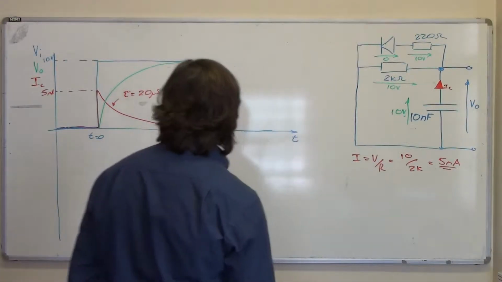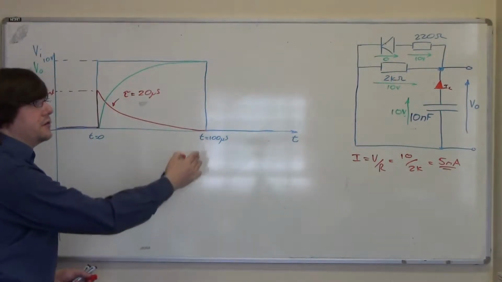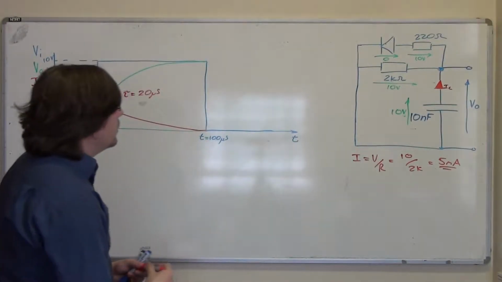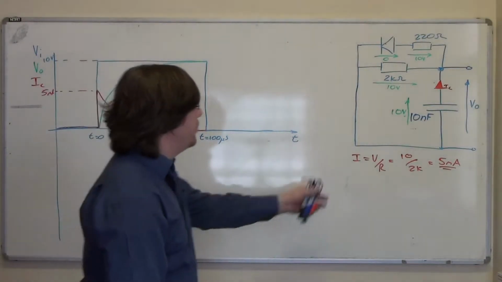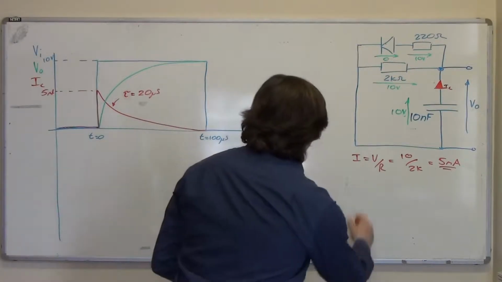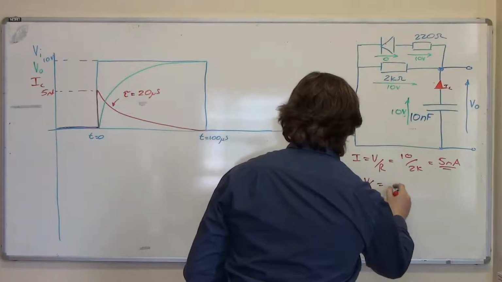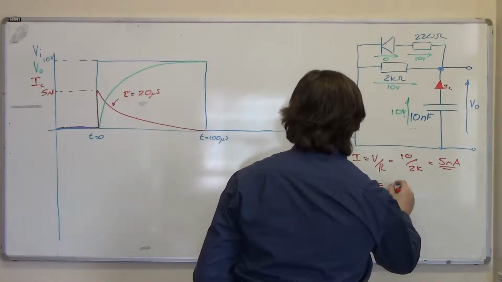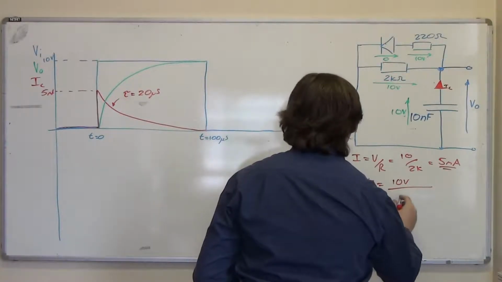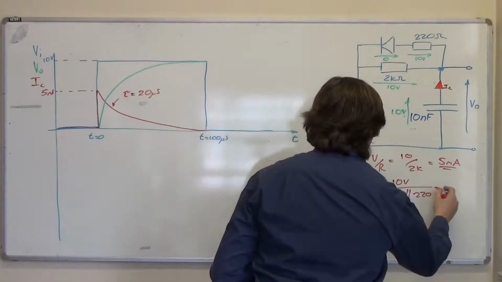An effect of this on our diagram is that whatever current we plot now will be negative, to represent the fact that IC has changed direction. So we need to work out what the peak current is going to be by the same method as before. So we'll have I is equal to V upon R, where V is 10 volts and R is 2 kiloohms in parallel with 220 ohms.